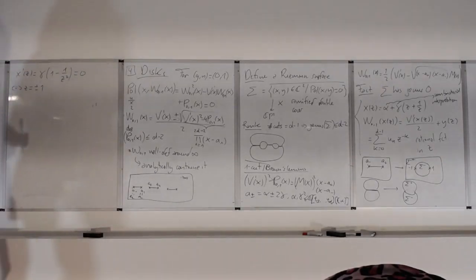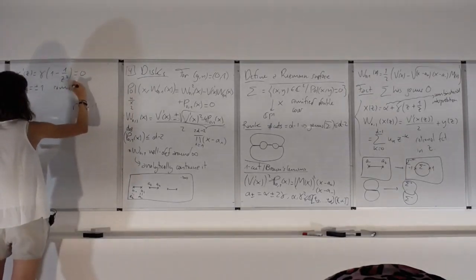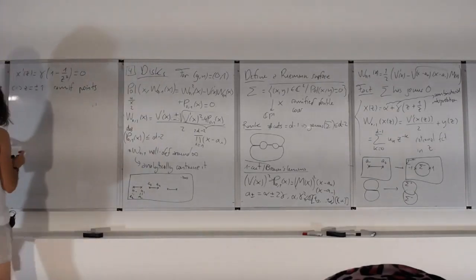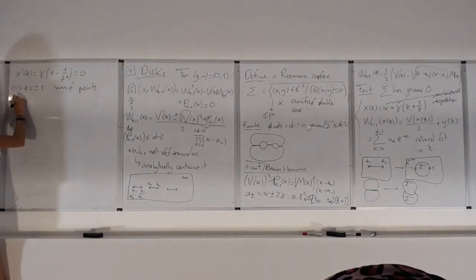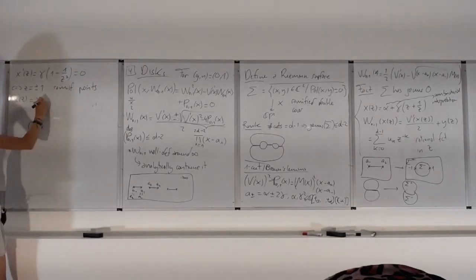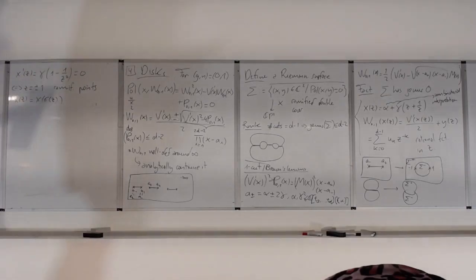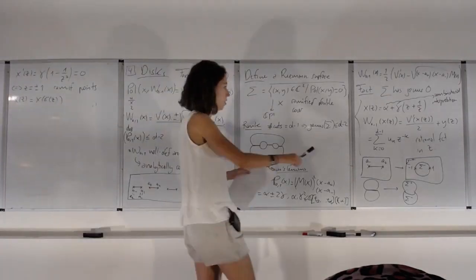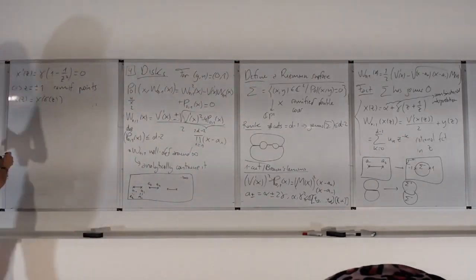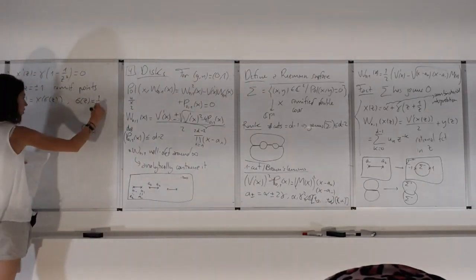Okay. And what else do we need? We need the involution around each ramification point. Well, in this case, it's very easy. And it's even a global involution. We can just send z to 1 over z. The x stays the same. So the involution is just 1 over z.